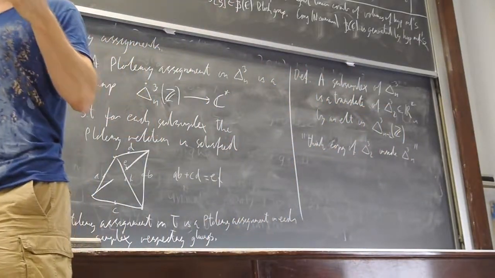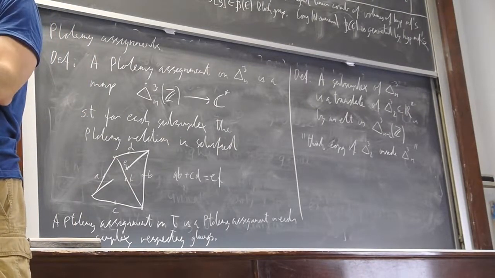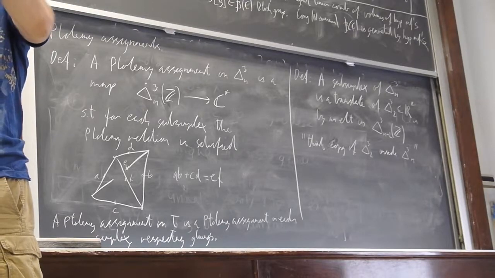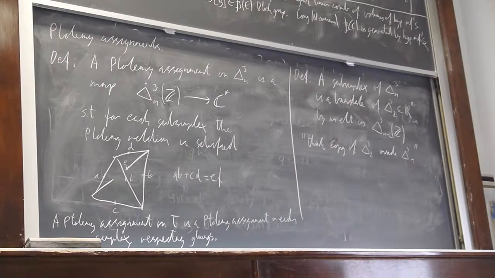So what you do is you find a representative of each cohomology class in H2 of M, Dn. That will give you choices of signs, and for each of these cohomology classes, you write down a Ptolemy variety and solve those. And the representations you parameterize for a given cohomology class are exactly the representations where the obstruction class to lifting to a boundary unipotent lift is that cohomology class.